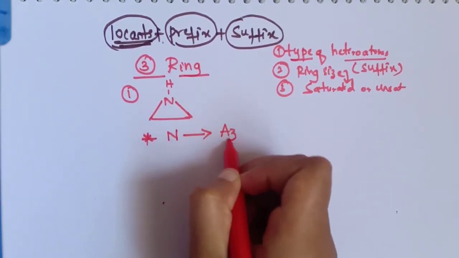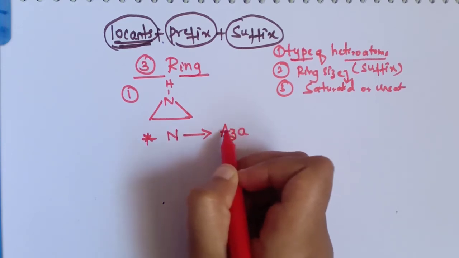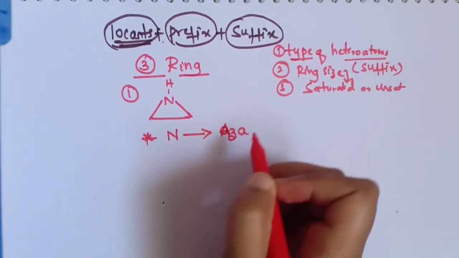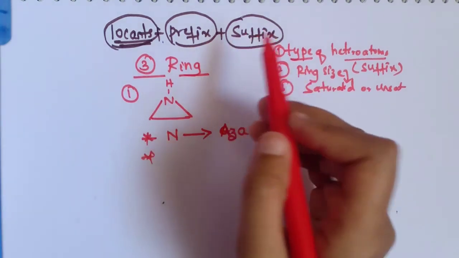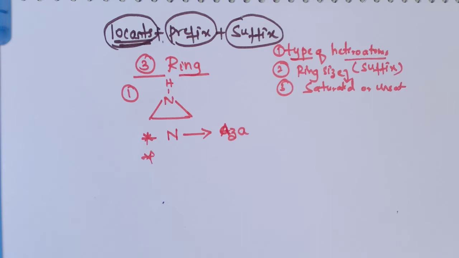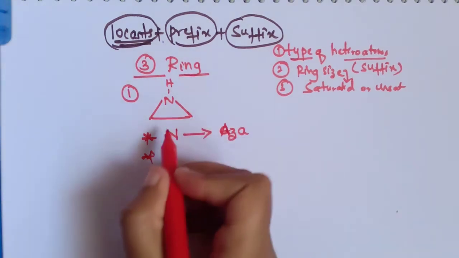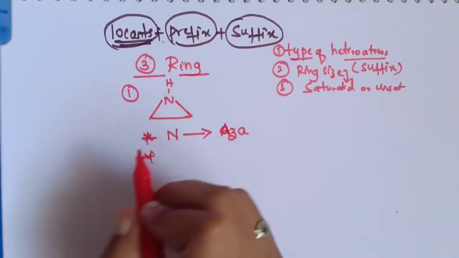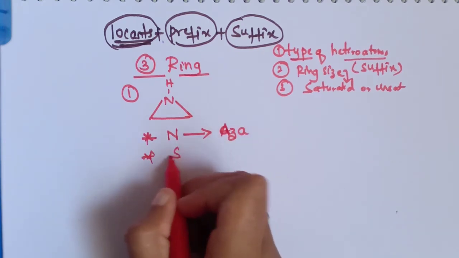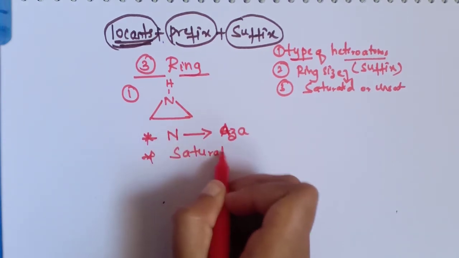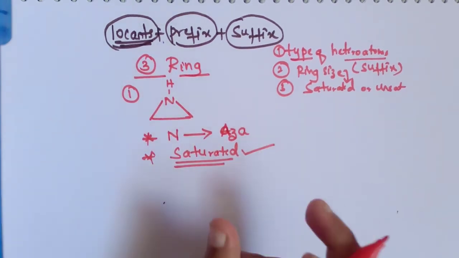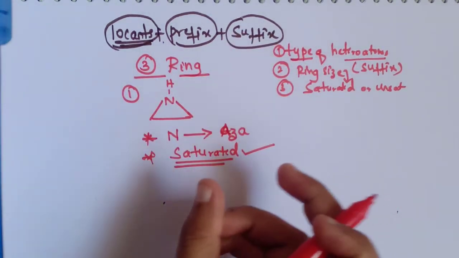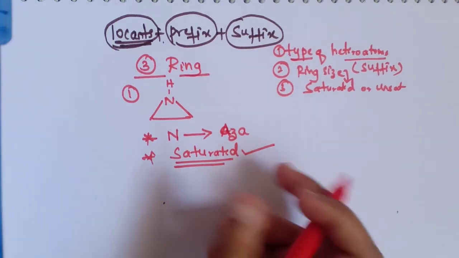Next we should see whether it is saturated or unsaturated. Here it does not have any double or triple bonds, so it is saturated. First we should see the prefixes, and next whether it is saturated or unsaturated.